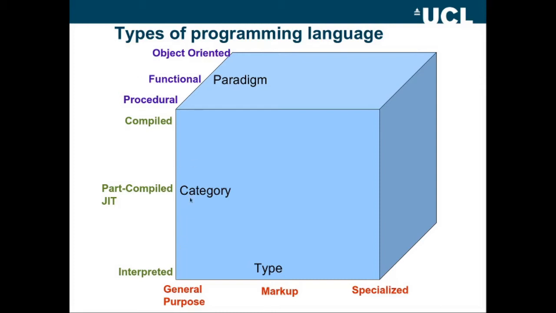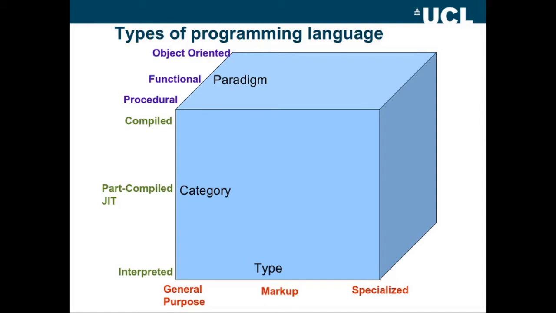We can also divide in this dimension of compiled versus part compiled and interpreted. We will go into the differences between compiled and interpreted languages in more detail later, but just to say this category in the middle of part compiled languages actually includes things like Python, where the first time you run a Python program, it will run it through its Python interpreter, but it will save a part compiled version so that the next time you run it, it will run faster.